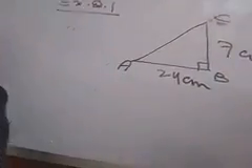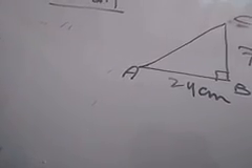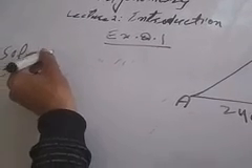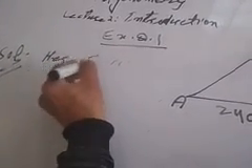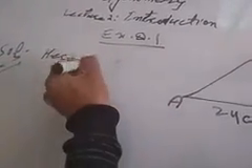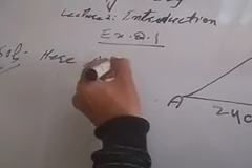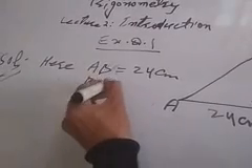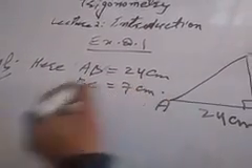First of all, as a part of the solution, AB equal to 24 centimeter and BC equal to 7 centimeter.